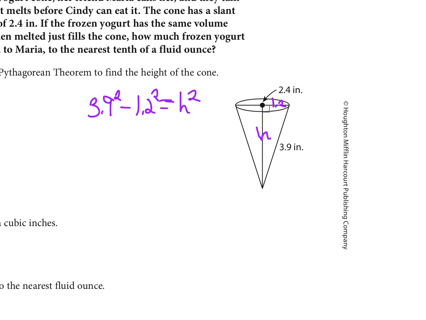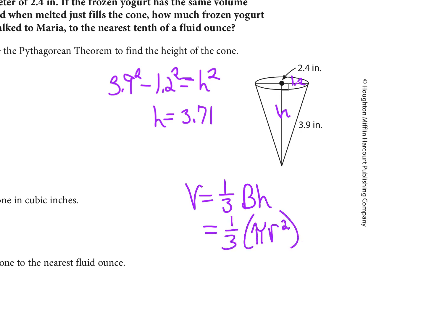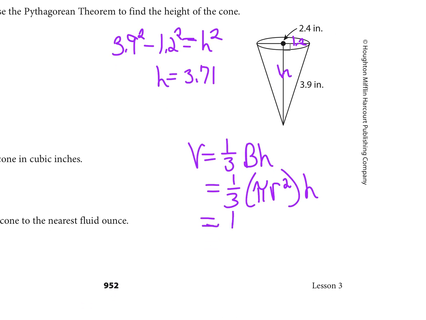I end up with the height being 3.71. So now, volume equals 1/3 area of the base times height. My base is a circle, so pi r squared times height. So I get 1/3 times pi times 1.2 squared times the height, which is 3.71.